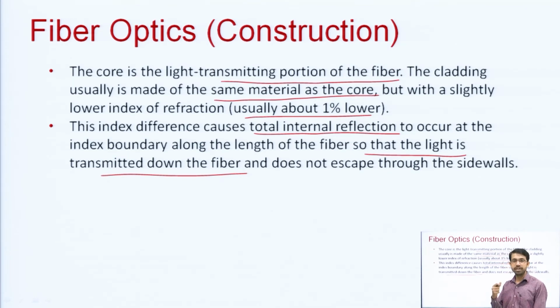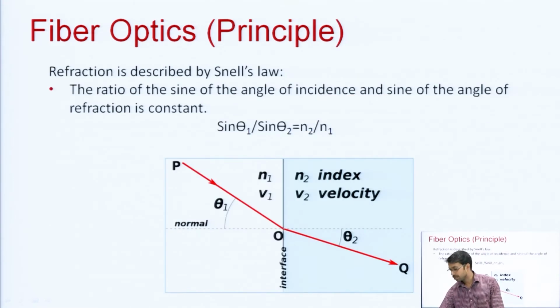So, this is the very important phenomenon that is required for travelling of light through an optical fiber, total internal reflection. You must have studied this in your school, what is total internal reflection. Let us discuss this one more time.